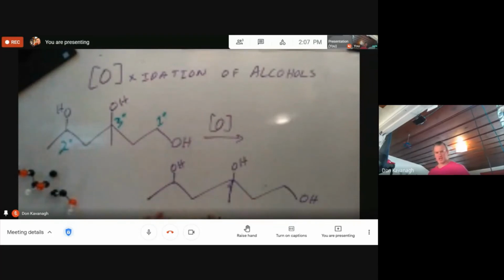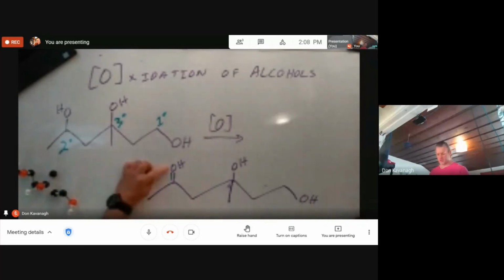So now, oxidation reactions create carbon-oxygen bonds, and oxidation reactions are not going to break carbon-carbon bonds. So let's make a carbon-oxygen bond at that spot right there. We're not going to break any carbon-carbon bonds. And oxidation reactions are also going to end up with oxygens being bonded twice.